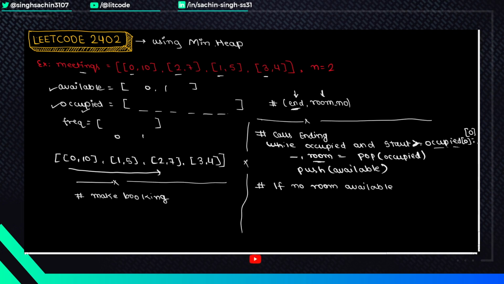Now if there are no rooms available, then what you want to do? In that case, I will again check which is the first job which is getting over first. For example, let's say I already processed these two values. Let's assume I have these two values, 0, 10.